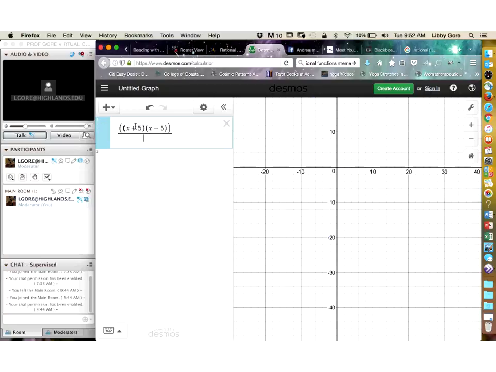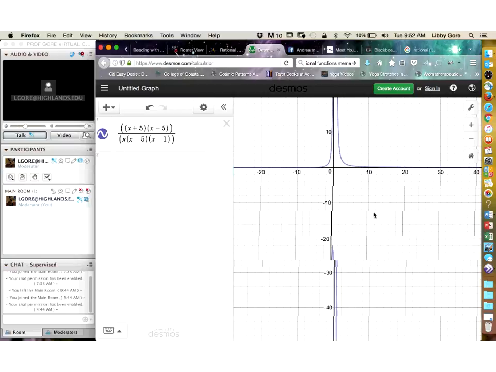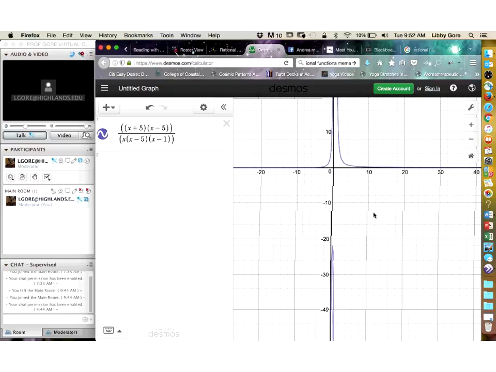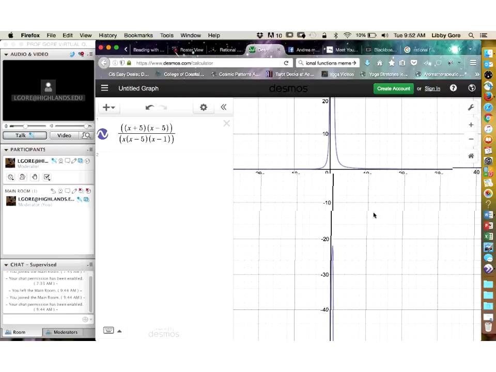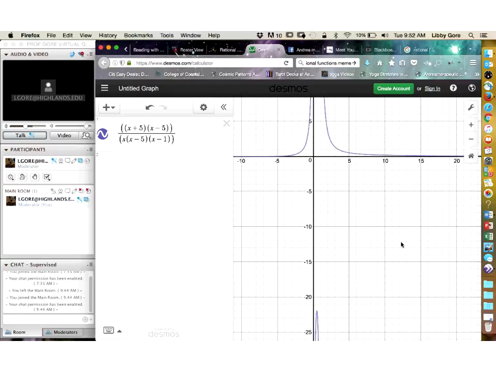Let's see, it was x squared minus 25, or I'll write it in its factored form: x plus 5 times x minus 5. That was in our numerator. And then I divided that by a factor of x, a factor of x minus 5, I believe, and x minus 1.